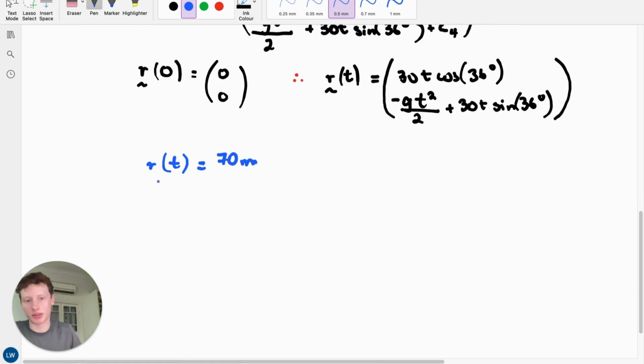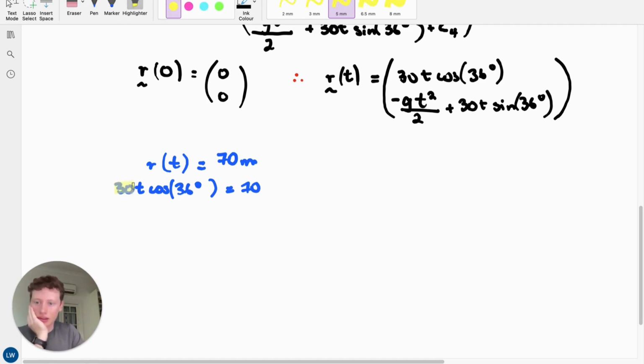We also know that our position equation is 30t cos 36, so that has to equal 70. To make it easier on ourselves, we want to evaluate what 30 cos 36 equals.